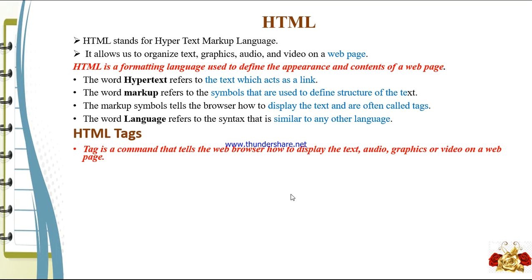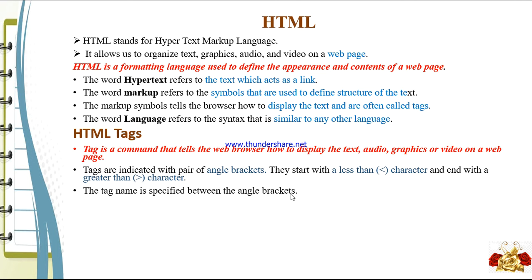Normally a tag is represented by using angle brackets. We use the less than symbol and the greater than symbol.